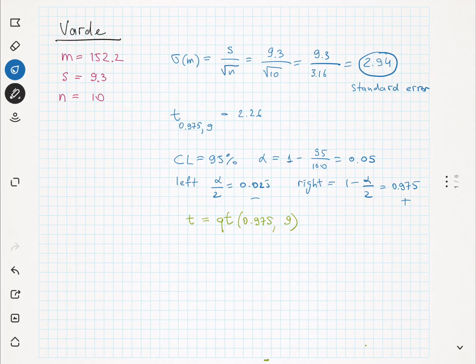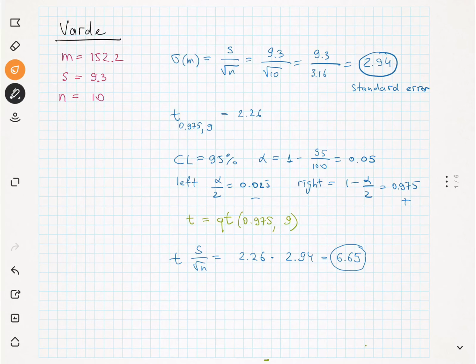Now, what can we do? We can multiply our standard error by t. So we have t times s over square root of n, which gives us 2.26 times 2.94, which is 6.65. Okay, so this is our error margin. It means that we should take plus or minus this value to get the confidence interval for 95% confidence.